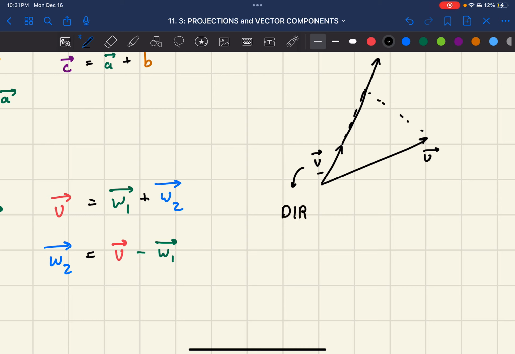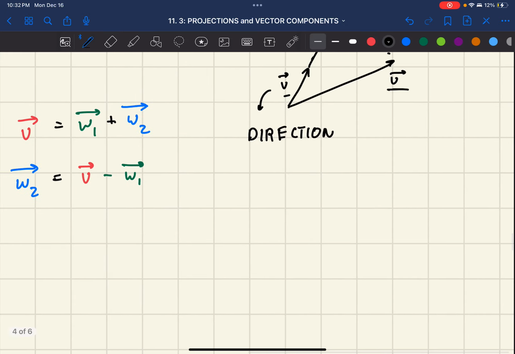Because the direction is what's going to tell us how much of U lies along V. Similarly, that means if the angle is obtuse, let's say, it doesn't really impact how the projection goes. All you would do is you'd continue projecting down. This would be the component along, and this would be the component orthogonal.